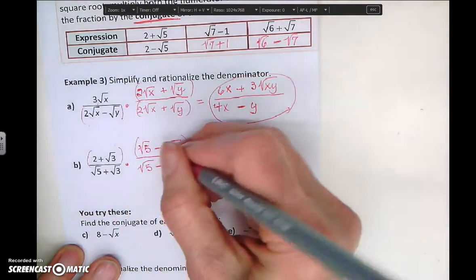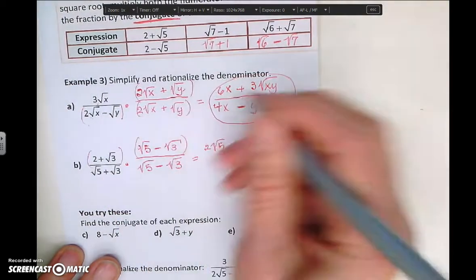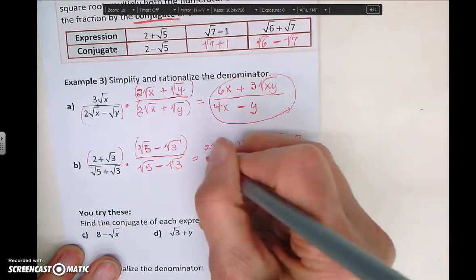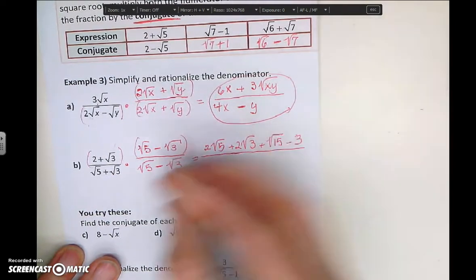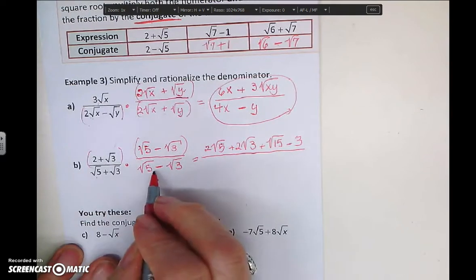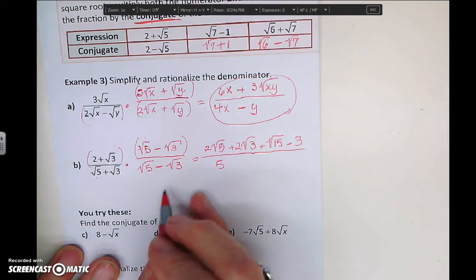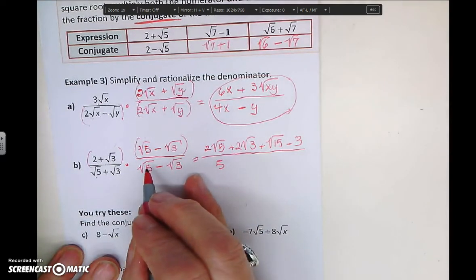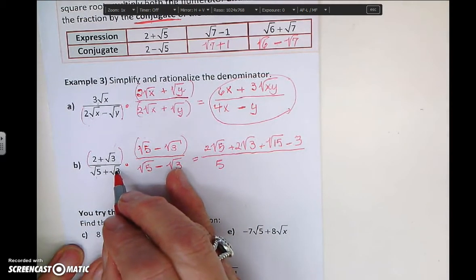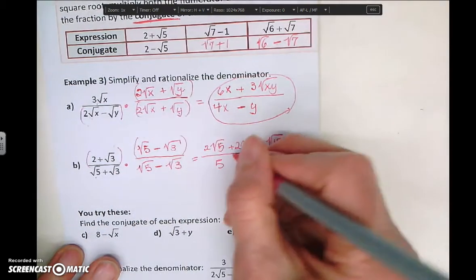And then a positive times a negative is negative. Square root of 3 times square root of 3 is 3. All over. Then I have the square root of 5 times the square root of 5, which is 5. My outside is negative square root of 15, and my inside is positive square root of 15, which is 0. And then positive times a negative is negative.